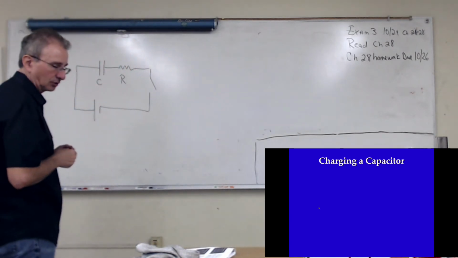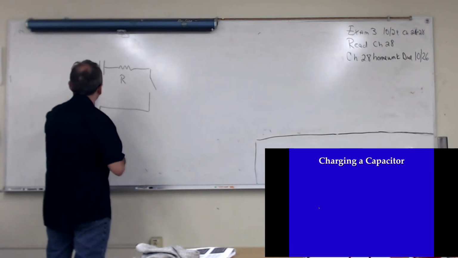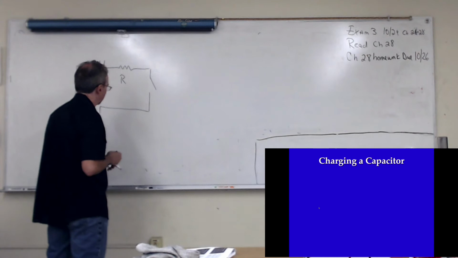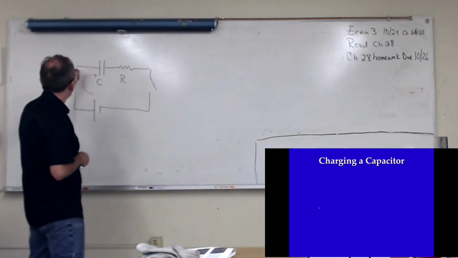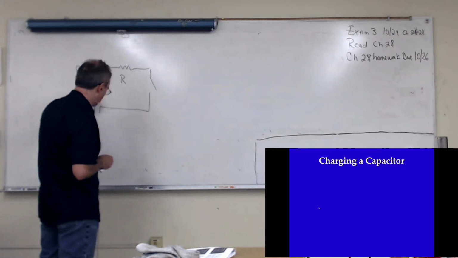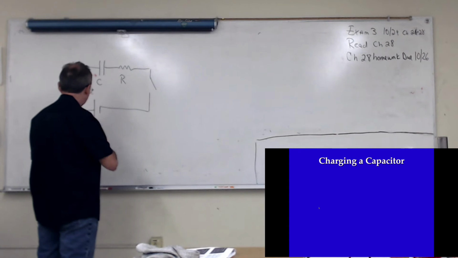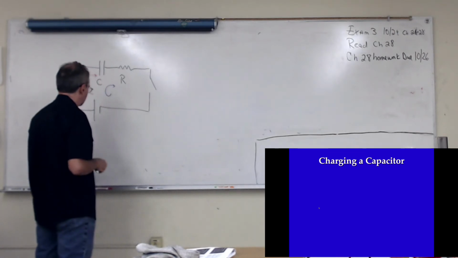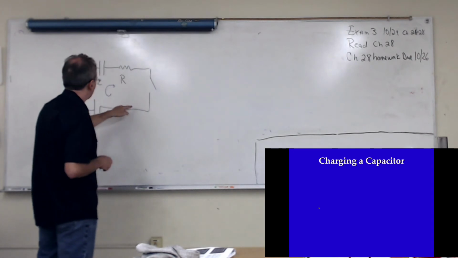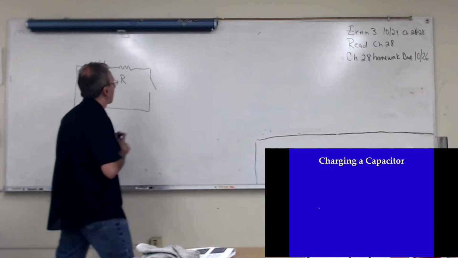I'm going to assume that the current is going to be like this. And I'm going to sum the voltage drops in the same direction. So I'm going to go this way. Let's say I start here. I have a voltage increase.